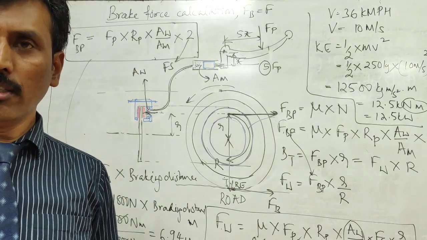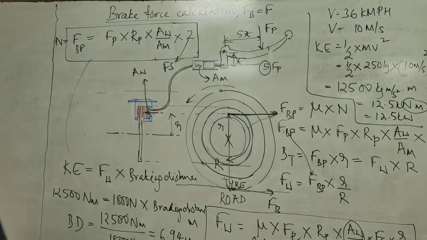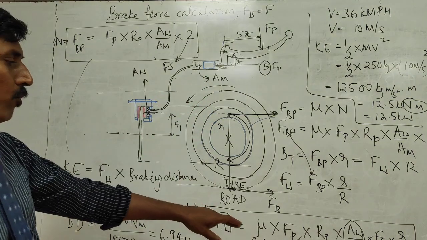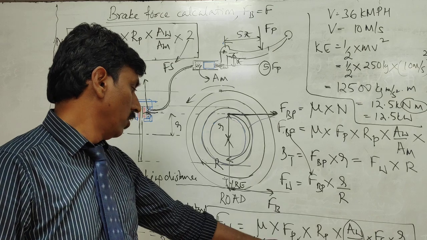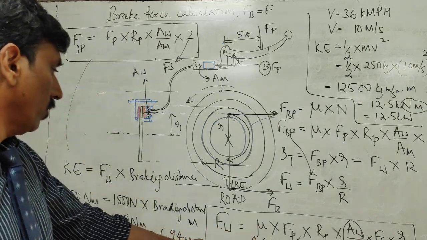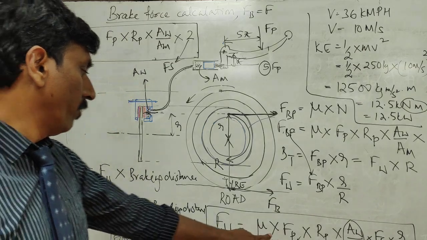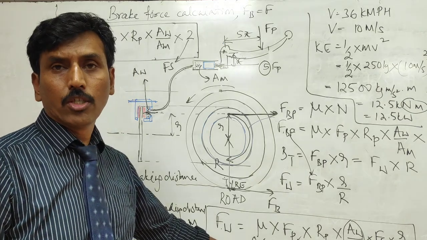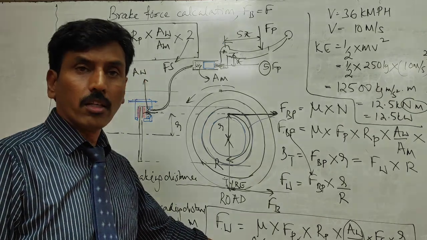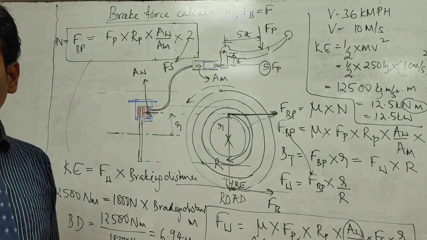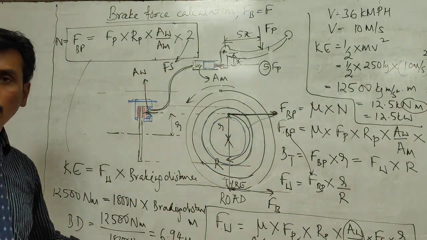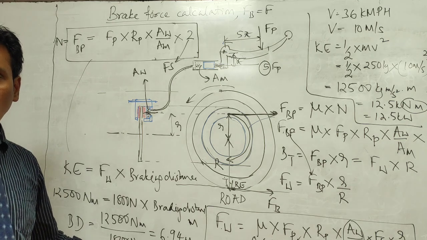So going at 36 km per hour, what is the force that we gave here? Which kgs did we give? So Fp, which is not 5 kg, we gave 3 kgs. So if you apply 3 kgs of force, that is 30 newtons, you will get a stopping distance of 6.94.